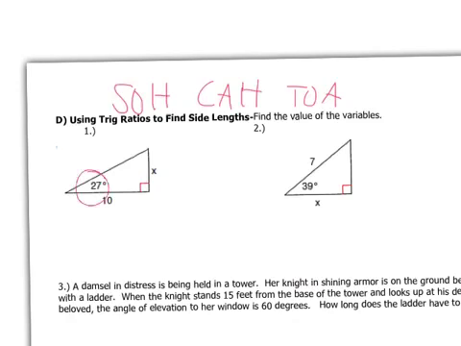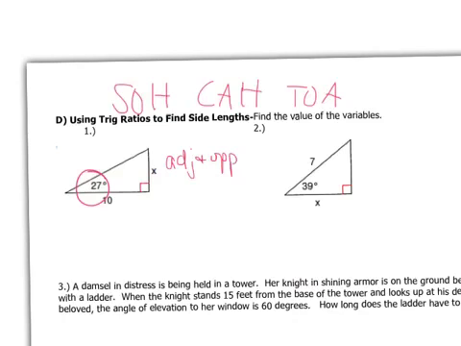Just like we've done, circle the angle that you're given. What I want you to think about is, with respect to that angle, what 2 sides are marked? Nolan? Adjacent and opposite. Okay, we have the adjacent side and the opposite side marked.